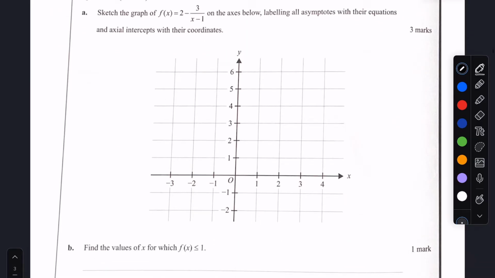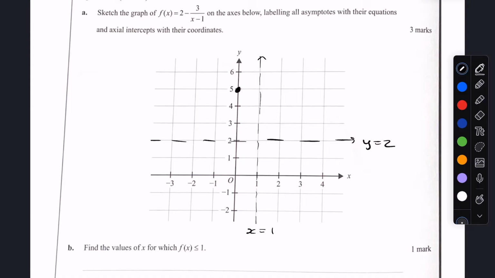So here we have an asymptote at y is equal to 2. And we have an asymptote at x is equal to 1. And it says label the asymptotes and the axial intercept. So the y-intercept will be 2 plus 3, or 5.